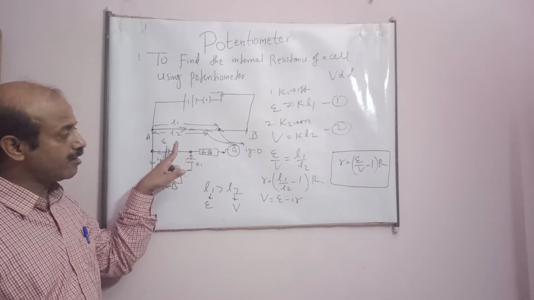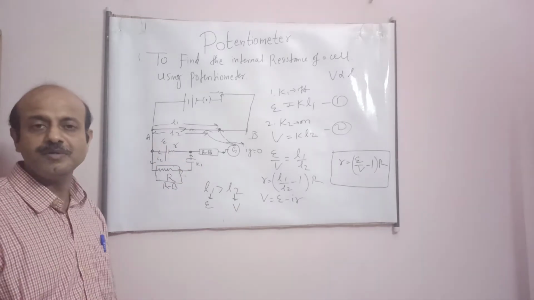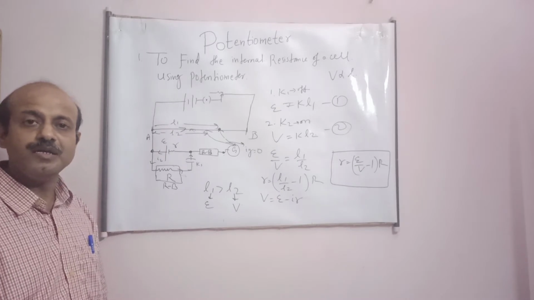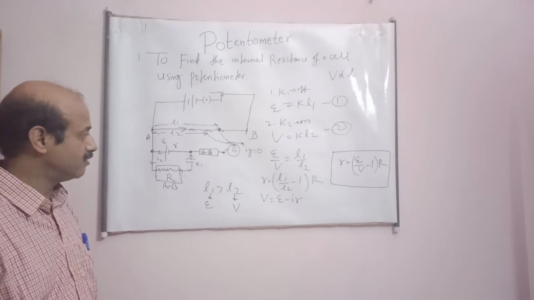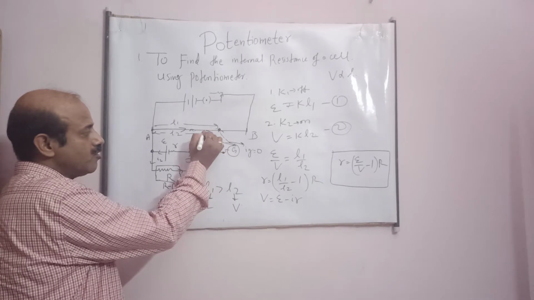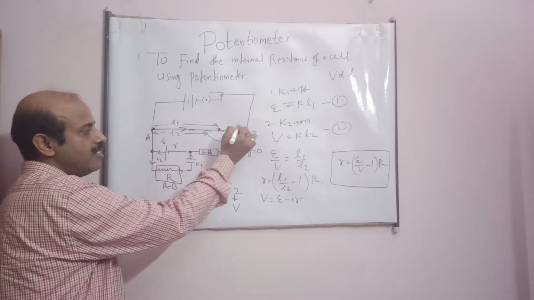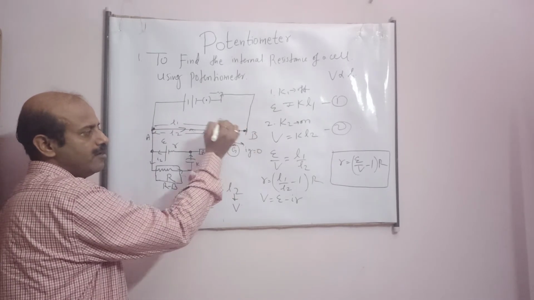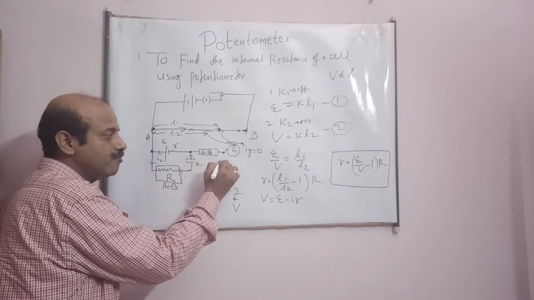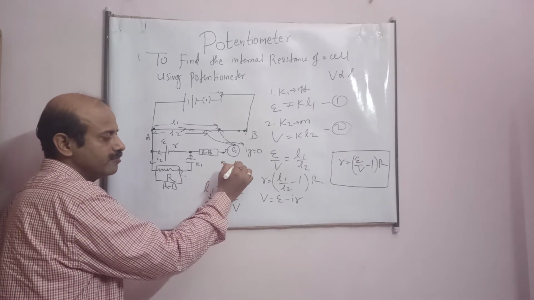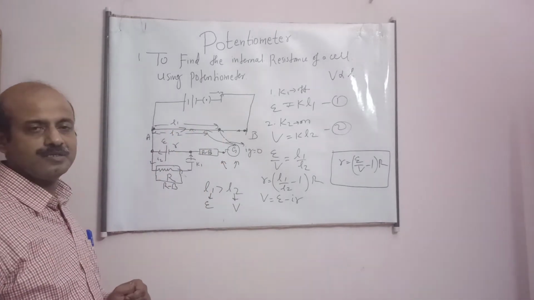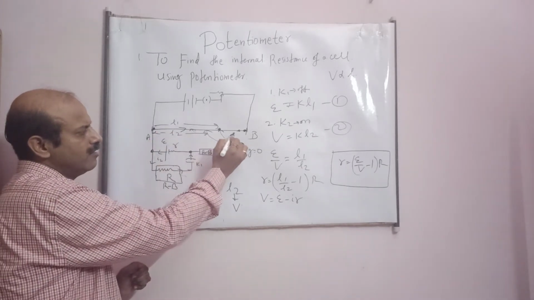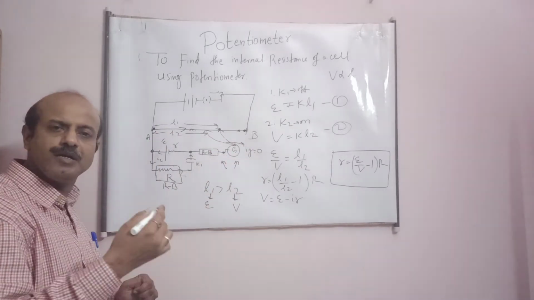One more thing, student, a very important precaution for the potentiometer experiment. In the starting itself you must touch this jockey at one end here and second time somewhere here, and the galvanometer must show opposite deflection. Sometimes you touch the jockey anywhere and the galvanometer shows deflection only in one direction.